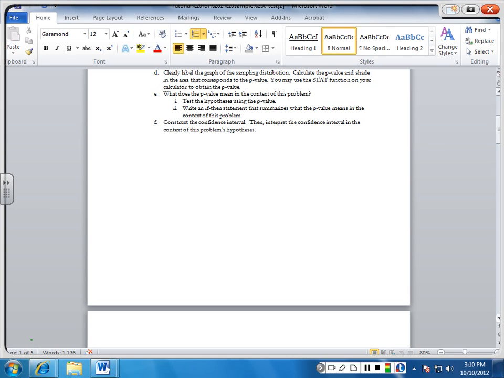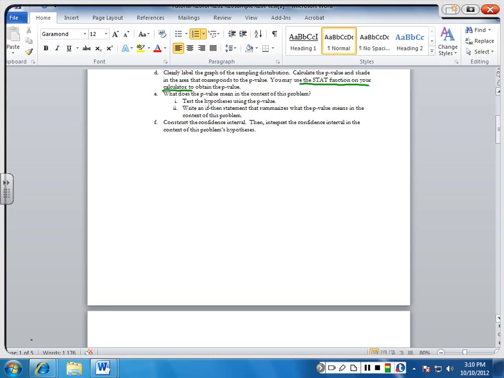Okay, so moving down to part D, the sampling distribution. And first of all, when you compute the p-value, you need to use the stat function on your calculator to obtain the p-value.